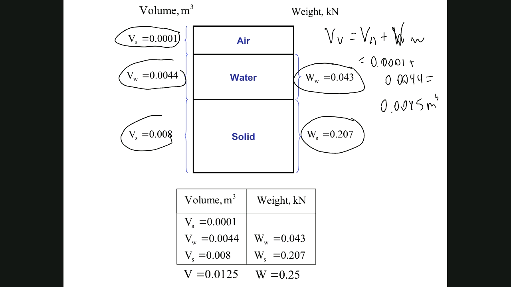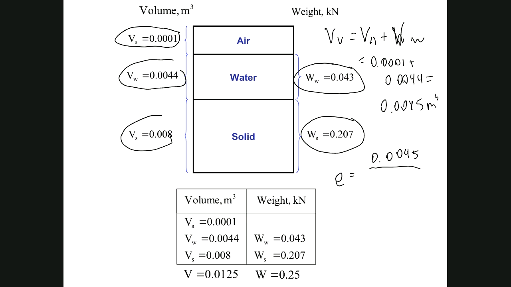Okay, so can you tell me how we can find our void ratio? Remember, it's the ratio. So what do I need to write here on the top? What number do I write? Volume of voids, and yeah, it's 0.0045.